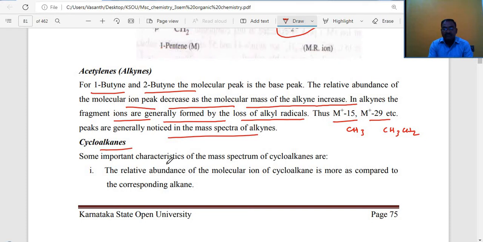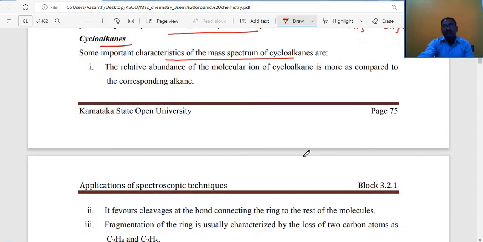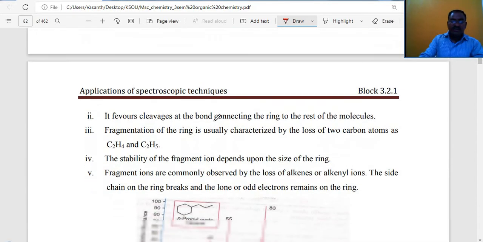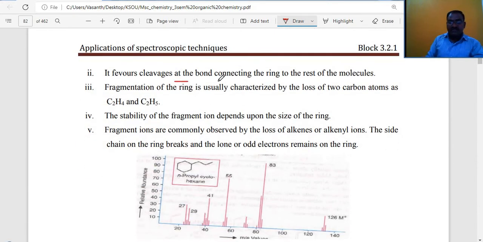Okay. Cycloalkanes: what are the important characteristics of the mass spectrum of cycloalkanes? The relative abundance of the molecular ion of a cycloalkane is more as compared to the corresponding alkane. It favors cleavage at the bond connecting the ring to the rest of the molecule.